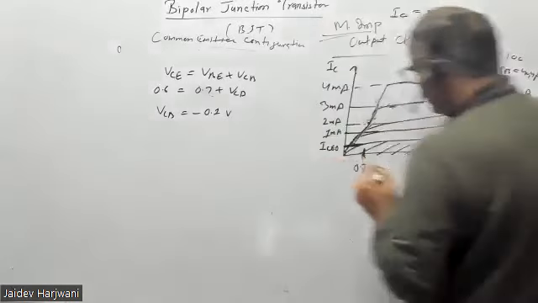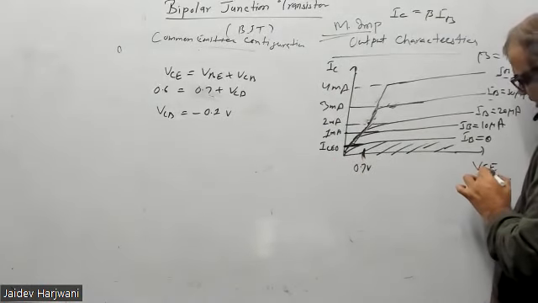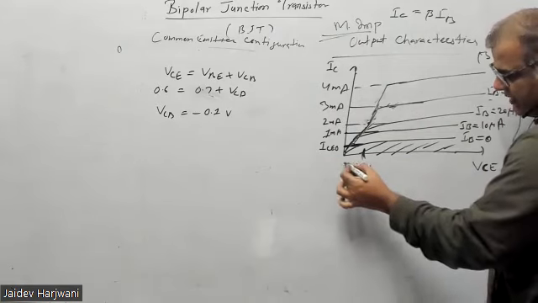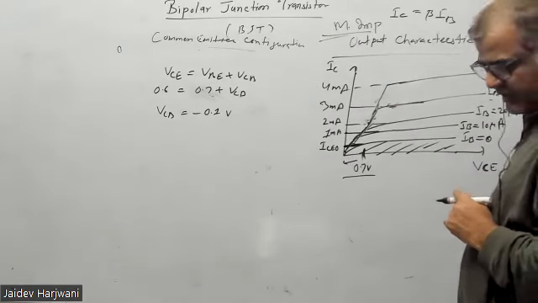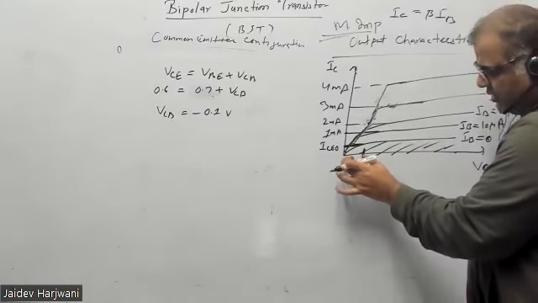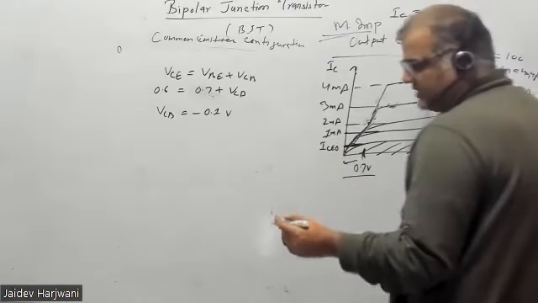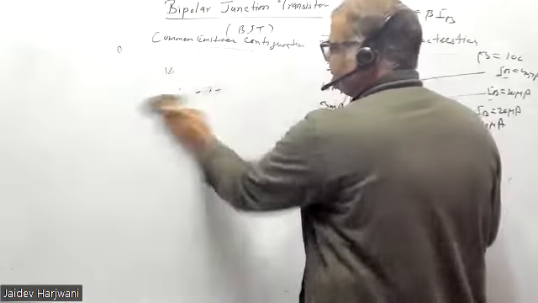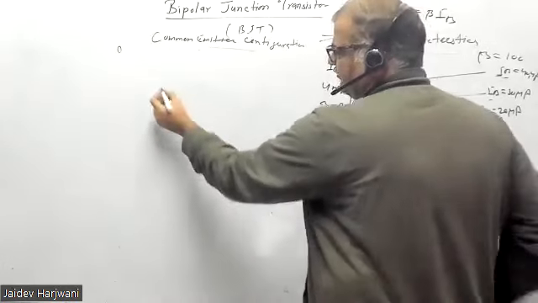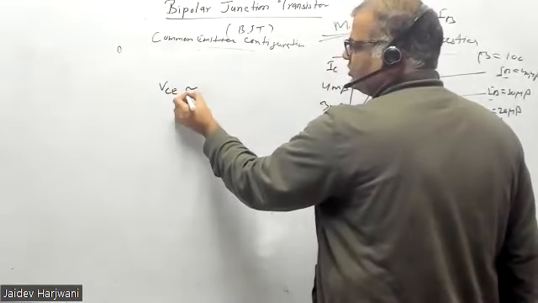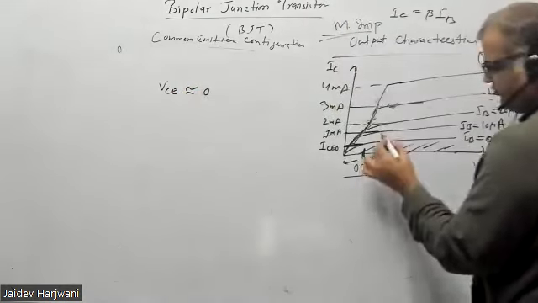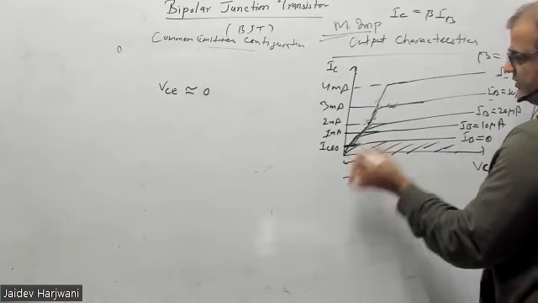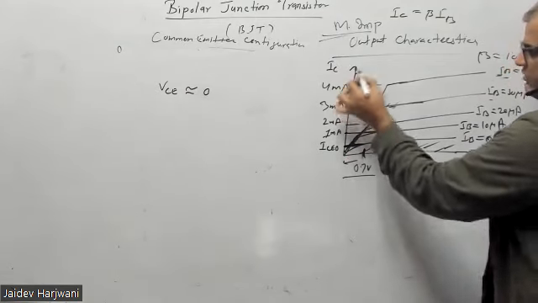Yes, positive. So in the circuit, if VC is going less than 0.7 volt, that will be the saturation region. If VC goes to nearby 0, that is the indication you always check in the circuit. If VC is close to 0, the current will be very high.